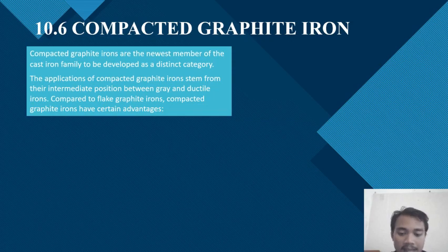First, higher tensile strength at the same carbon equivalent, which reduces the need for expensive alloy elements such as nickel, chromium, copper, and molybdenum. Much higher ductility and toughness, which result in higher safety margins against fracture, lower oxidation and growth at high temperature, and less section sensitivity for heavy sections compared to ductile iron.